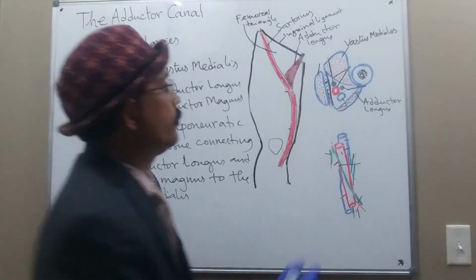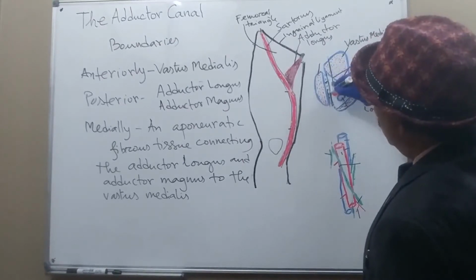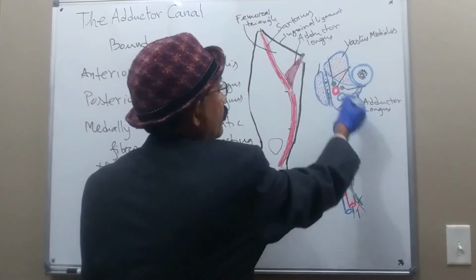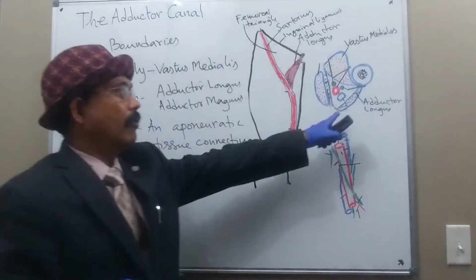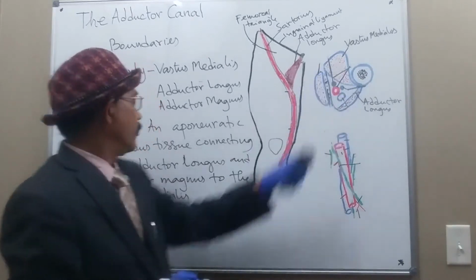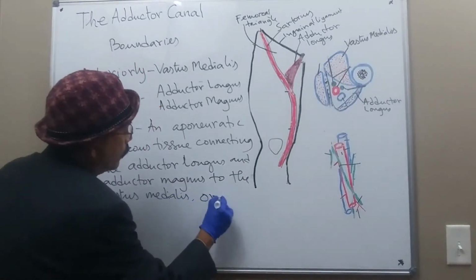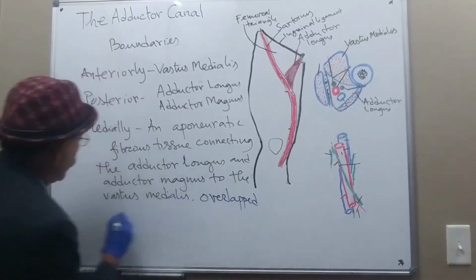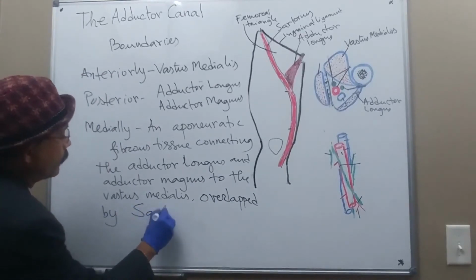Okay, so this is the aponeurotic tunnel here connecting the adductor longus or adductor magnus to the vastus medialis, and overlapped by the sartorius.